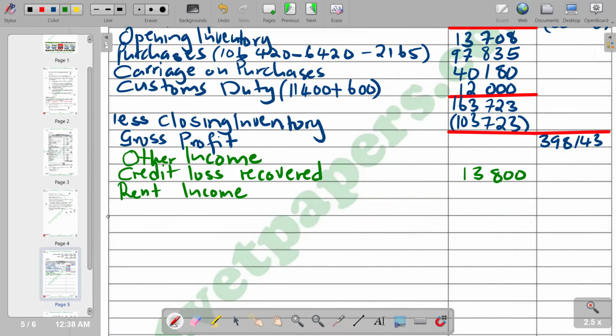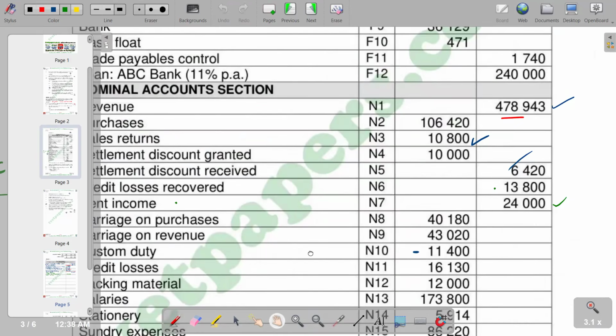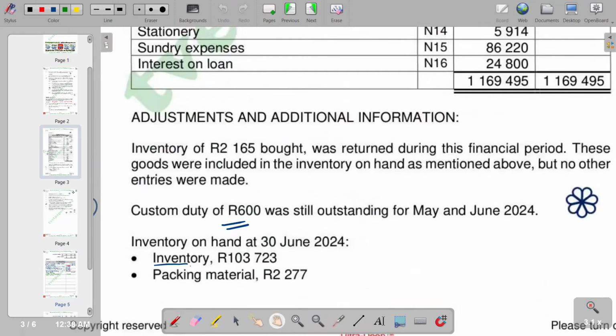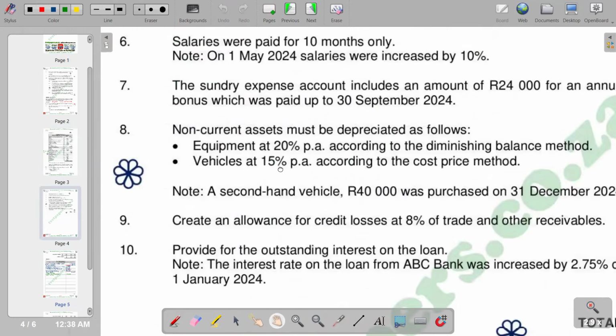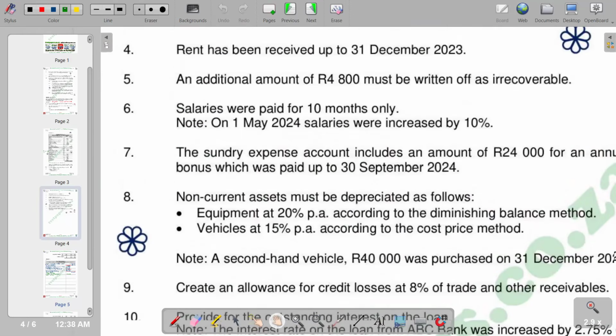But of course, our figure that we are given as rent income is 24,000, but we need to check further information. What does it say about rent income? Item number 4. Rent has been received up to 31 December 2023.